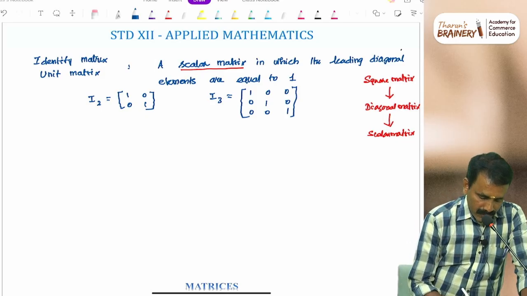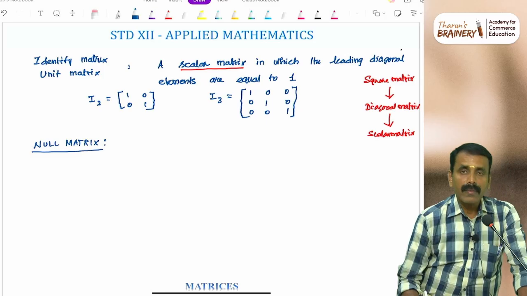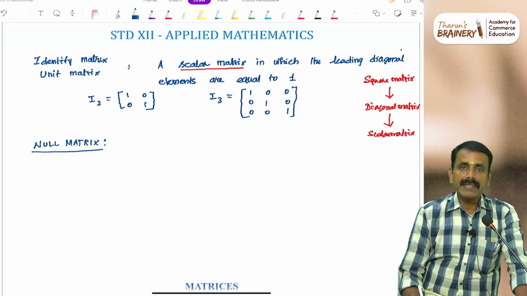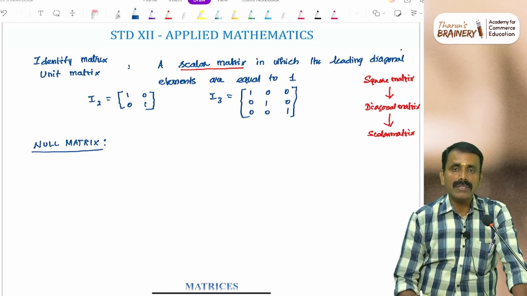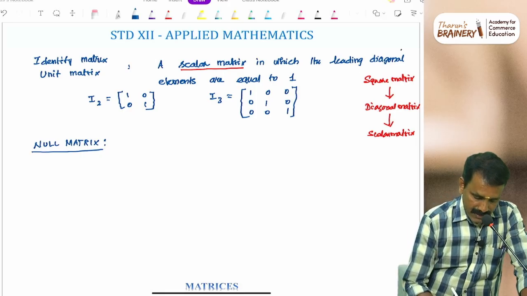Now, we come to the exceptional case of the matrix, null matrix. Null matrix: a matrix in which all the elements are 0. Okay. A matrix which has all the entries or elements equal to 0 is called a null matrix.